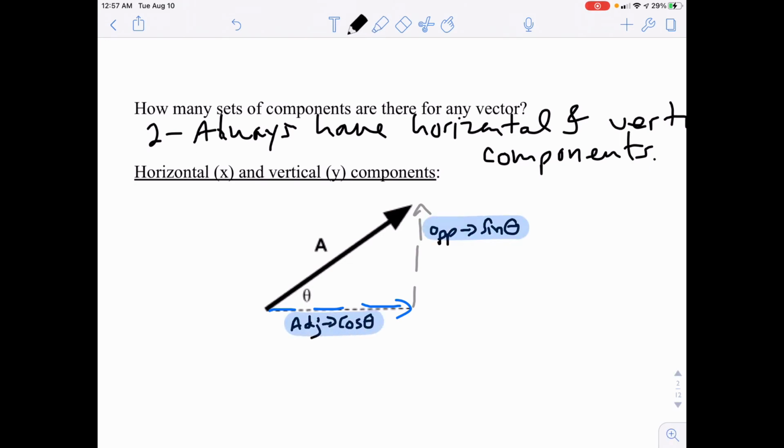So if you put this together, the actual component here is going to be A, the magnitude of the vector, how long it is, times the cosine of the angle. So A in the x direction is equal to A times the cosine of the angle. A in the y direction, this gray component going upward, is going to be the vector magnitude times the sine of the angle.